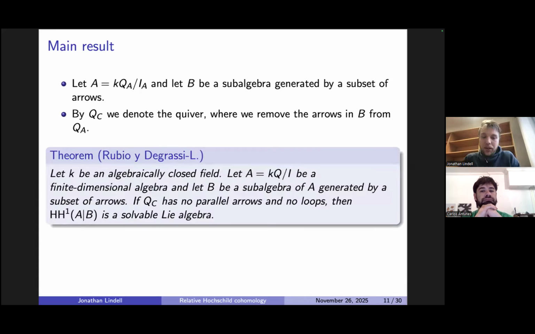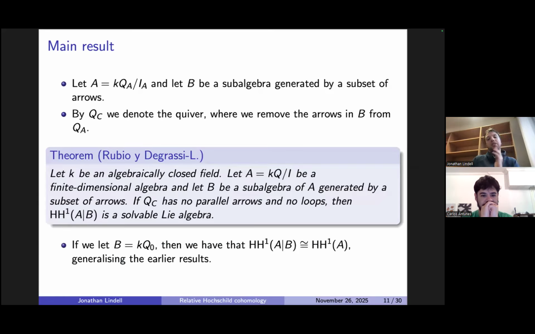And then we get the following result. If we again take K to be an algebraically closed field, A and B are given as above, and we assume that A is finite dimensional, then if the complement quiver Q^C has no parallel arrows or no loops, we get that the Hochschild cohomology HH1 of A relative to B is a solvable Lie algebra.